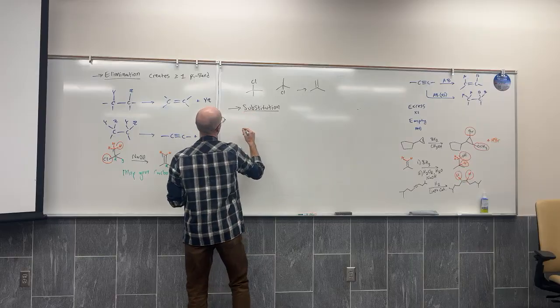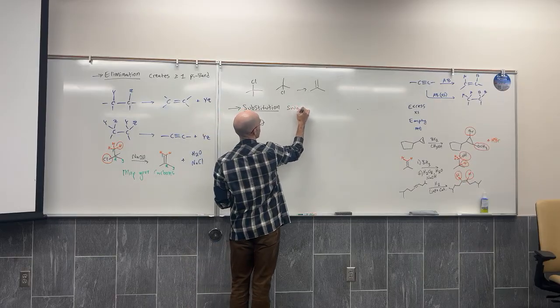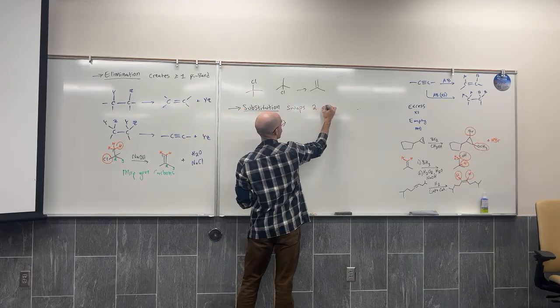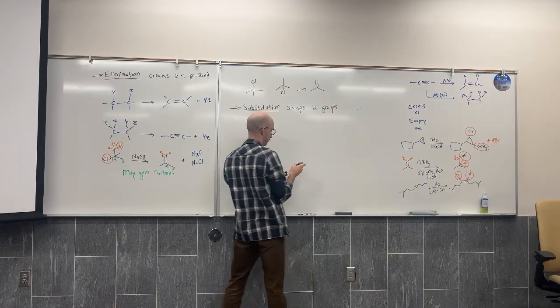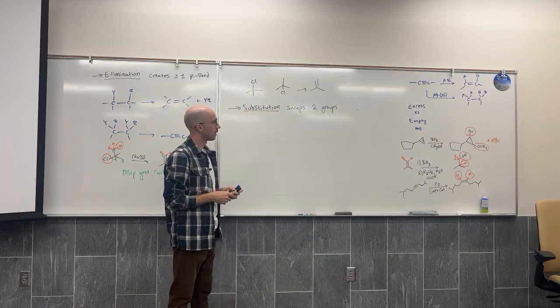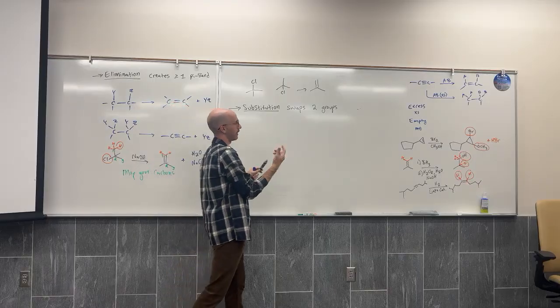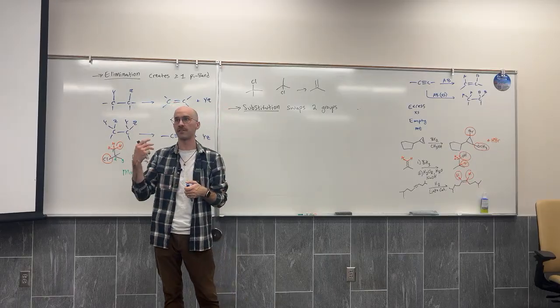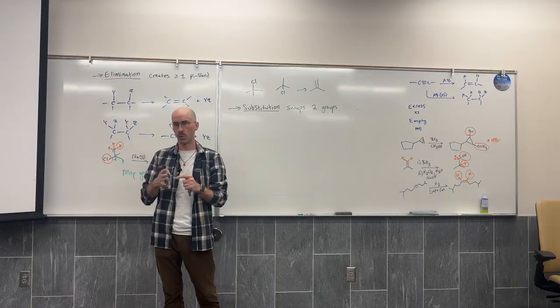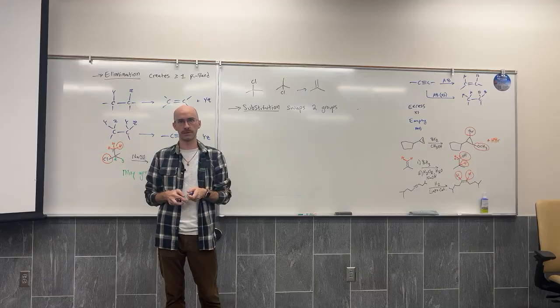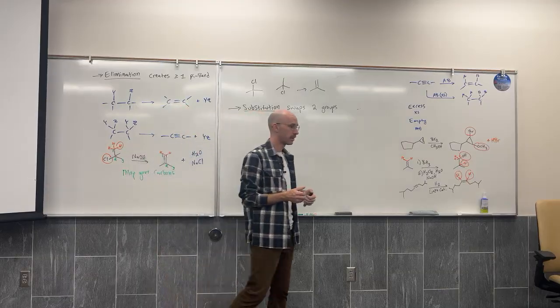Swap would have been fun, though. Substitution swaps two groups. And honestly, I've been saying at least one, and it's true. Substitution doesn't have to be just one. You can do substitution multiple times on one structure.